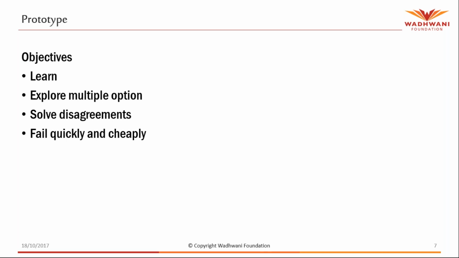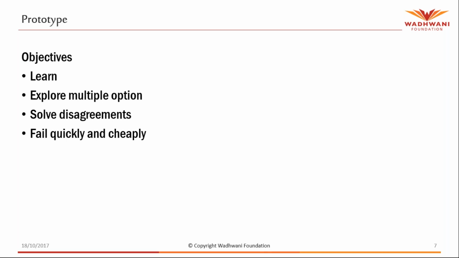Next, when you have prototypes, you can explore multiple options. What I mean is, while building the prototype, it's easy to know what seems to be working and what is not working. So what is not working can be very easily rejected during the building process rather than at an ideation process or at a marketing process.